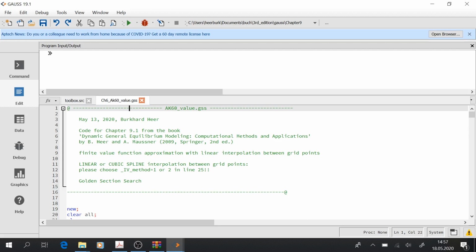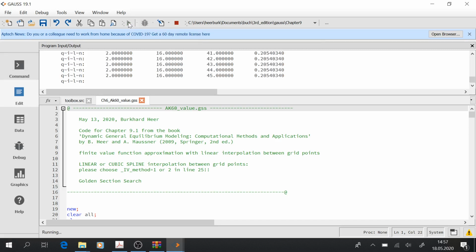So let us try if your program in fact runs properly. So let's run the program here. And you can see the output on the screen. Q is the iteration over aggregate capital and employment. I is the individual age, so when we solve the value function iteration at age 20, 30, and so on. Of course, we go backwards in time, so it's 60, 50, 40, 30.